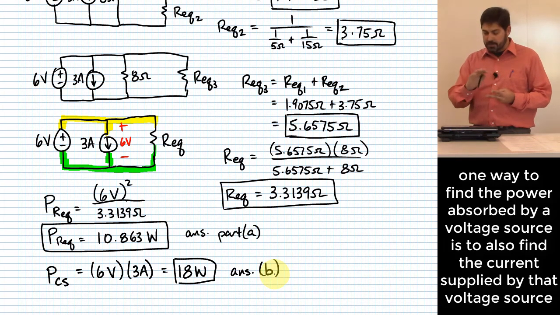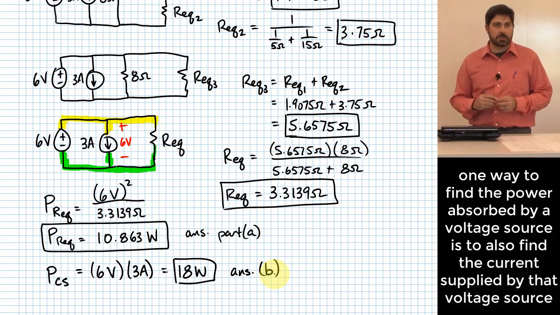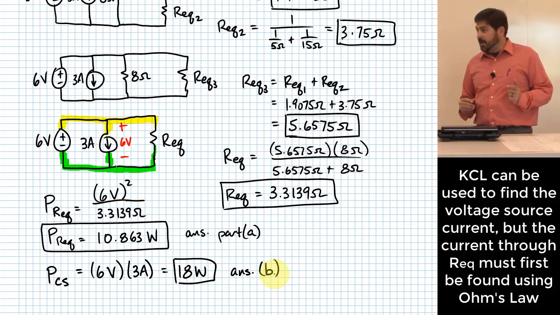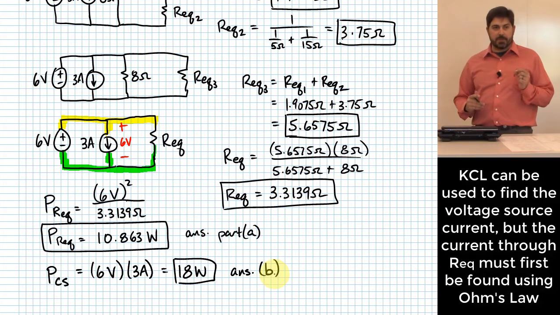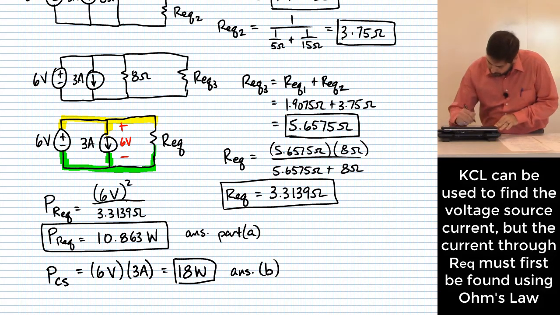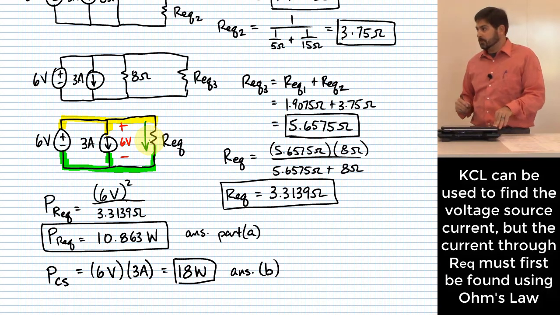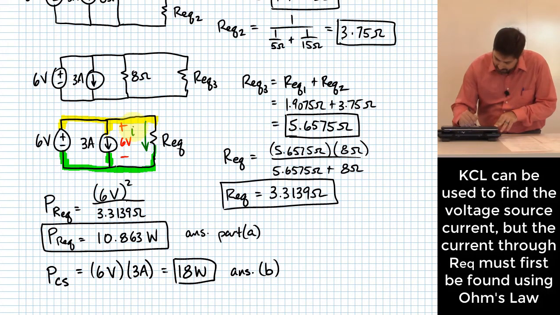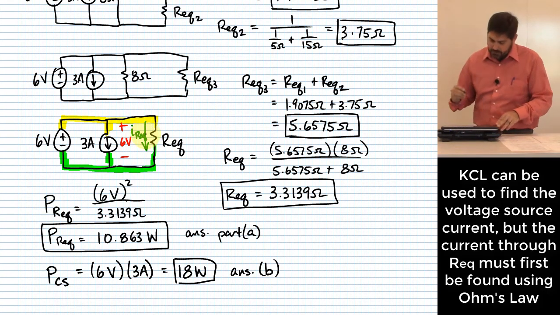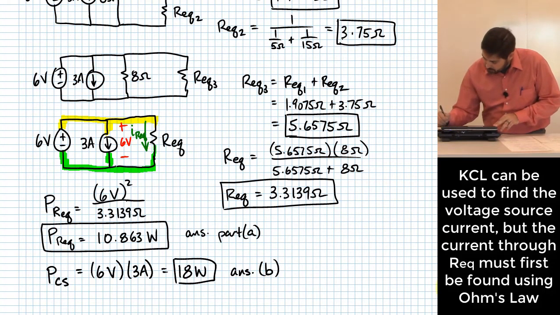How do I find current being supplied by the voltage source? I can do a KCL, but there's probably one step I should think about doing first, right? And that is to come up with what is this current that flows through REQ. Let me just name that I REQ, okay? You just use Ohm's law, right?